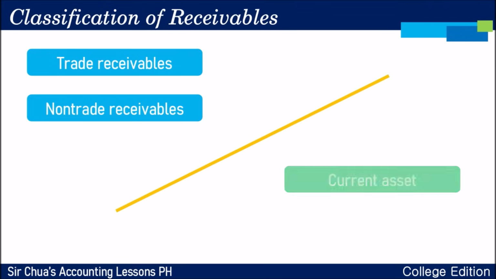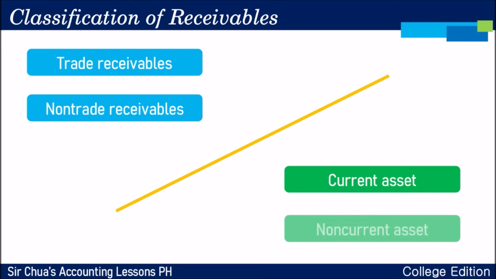Now, receivables can be either a current asset or a non-current asset depending on yung ating pong criteria sa pagka-classify ng assets kung current or non-current. So basically po kasi pag trade receivables, since it's related to the operations of a company or the normal operating cycle, then basically that's a current asset.